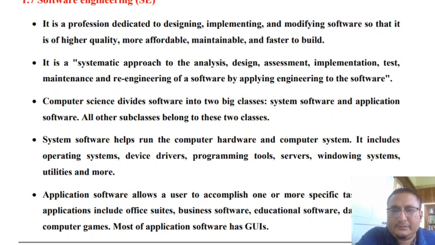For example, stock management software, data processing software, database management system software. These systems enable the users to achieve their own purpose-specific objectives, so these are called application software. So a software system can be broadly categorized into system software and application software, based on their utility.